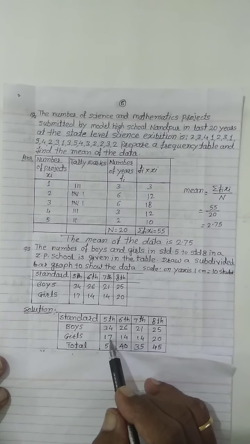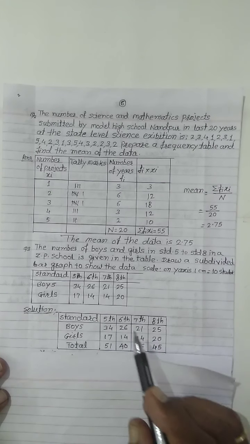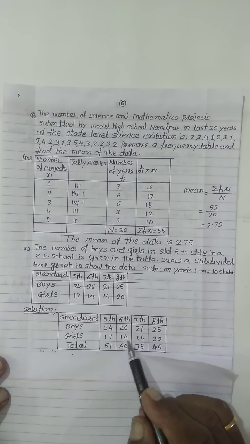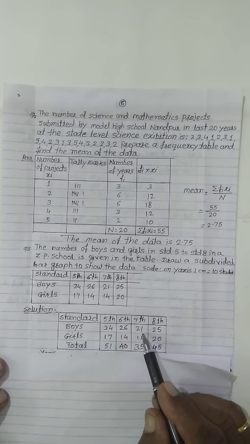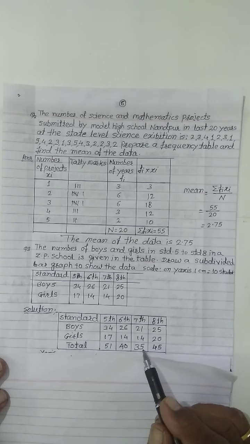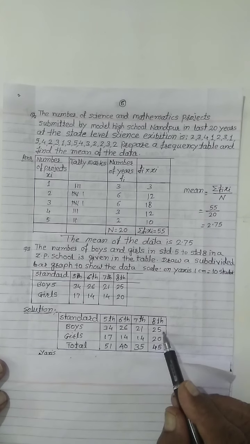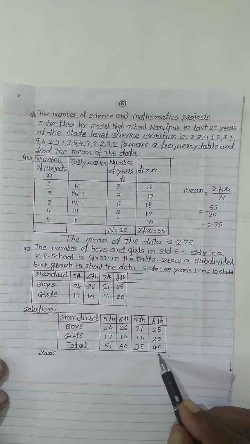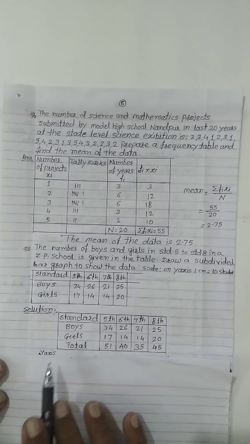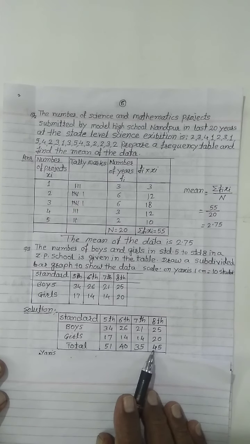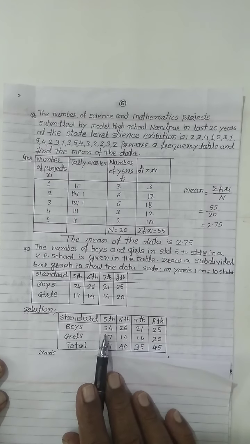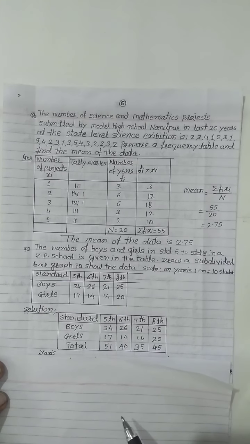The total of 34 and 17 is 51, the total of 26 and 14 is 40, the sum of 21 plus 14 is 35, and the sum of 25 and 20 is 45. Each total is represented by one single bar on the x-axis, and then we divide it into the two parts.